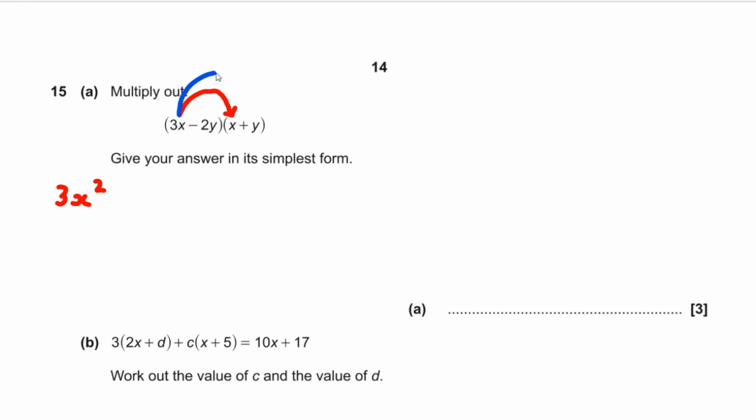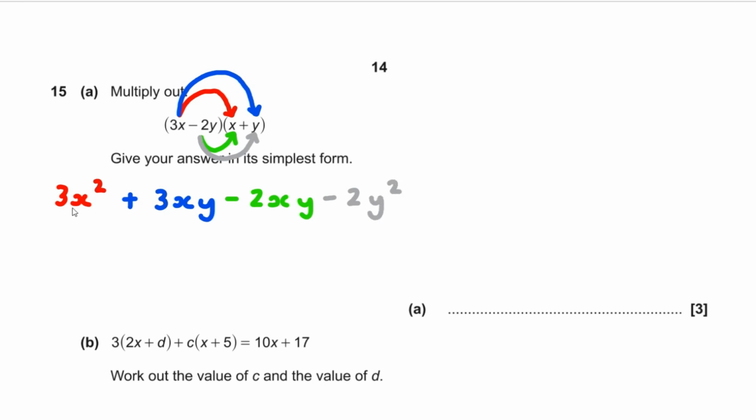Then I've got 3x times by y, which is 3xy. Then I've got negative 2y times by x, which is negative 2xy. And then I've got negative 2y multiplied by y, which is negative 2y squared.